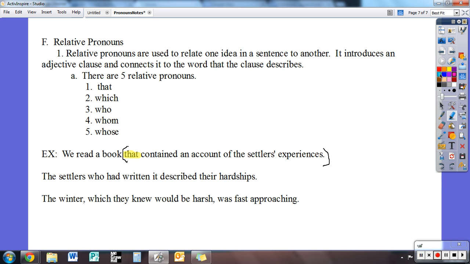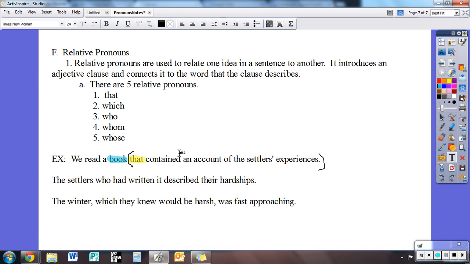So you could say book is the antecedent to that, and this whole phrase is considered an adjective clause. So I'm going to write that right there. All right, so let's take a look at the next one.